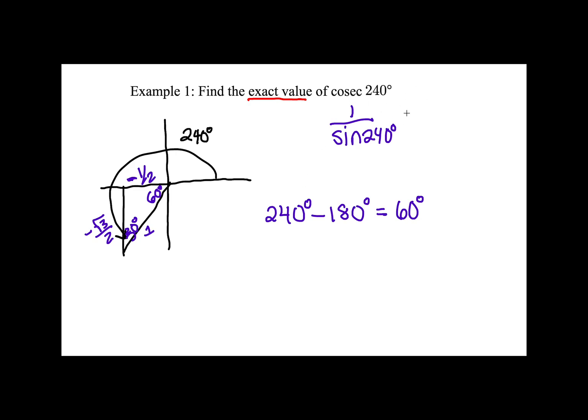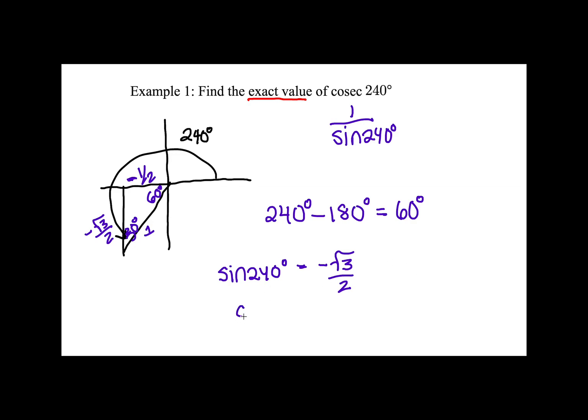So I need the inverse of the sine of this triangle here. Sine of 240 equals negative radical 3 over 2. It's always going to be over 1 in the unit circle as the hypotenuse, so we can ignore that.